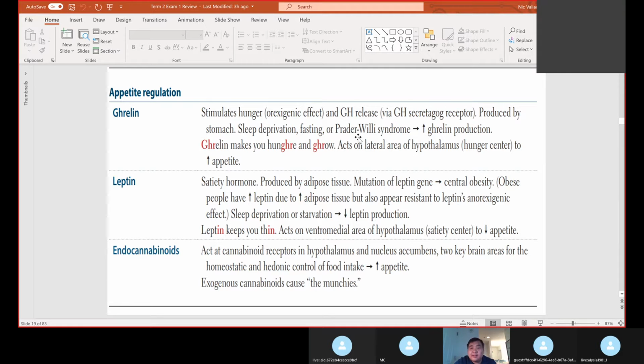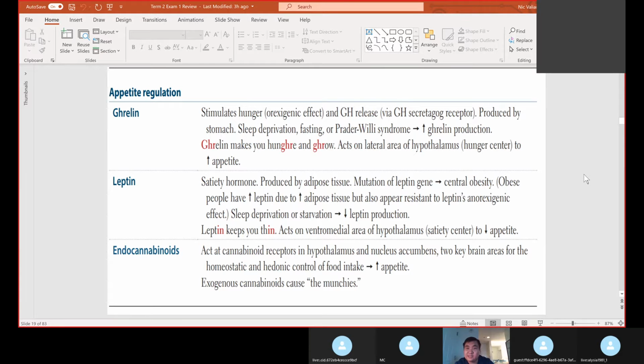What chromosome number is affected in Prader-Willi and Angelman syndrome? 15, correct. Is it paternal deletion or maternal deletion? Let's go back to term 1.